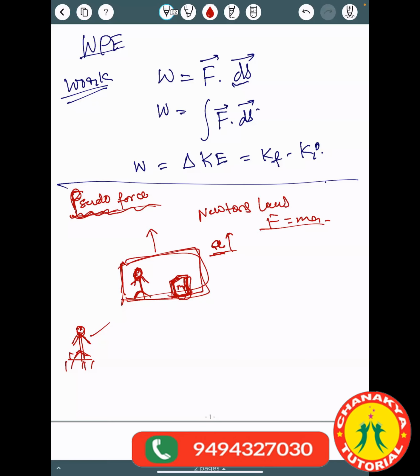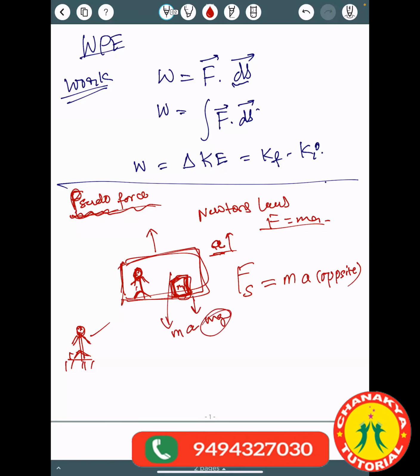The formula is pseudo force is equal to mass of the object into acceleration of the object, in the opposite direction. So you have to apply a reverse force, mass into acceleration of the object, correct? Now since mg is acting downwards, correct?